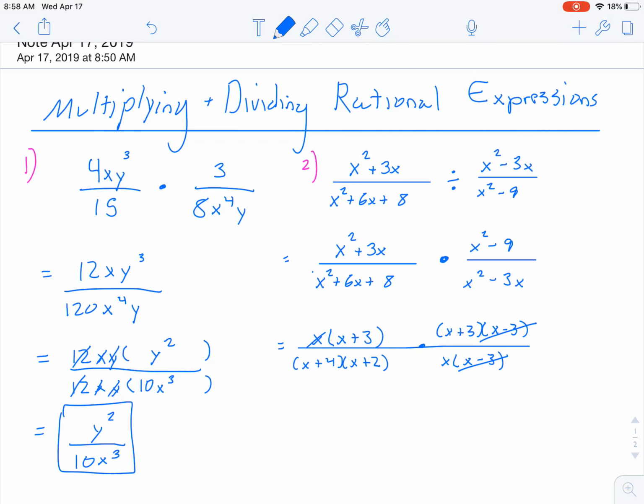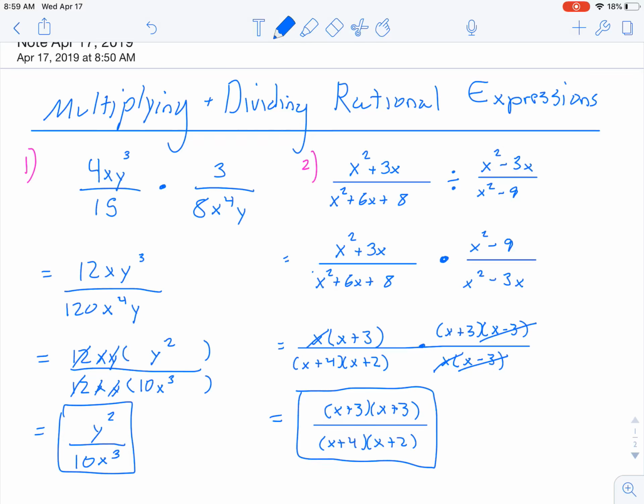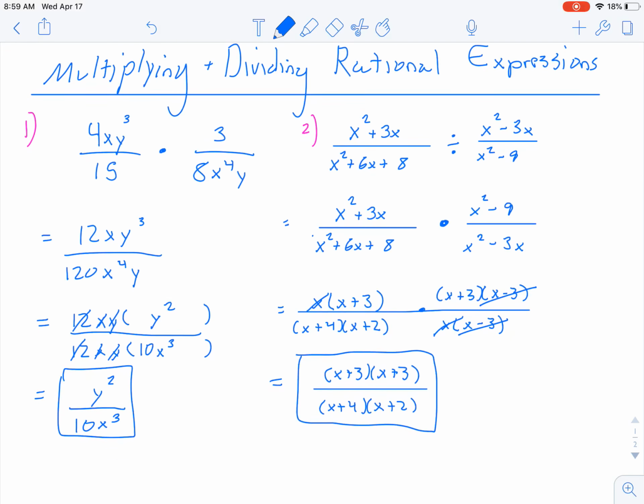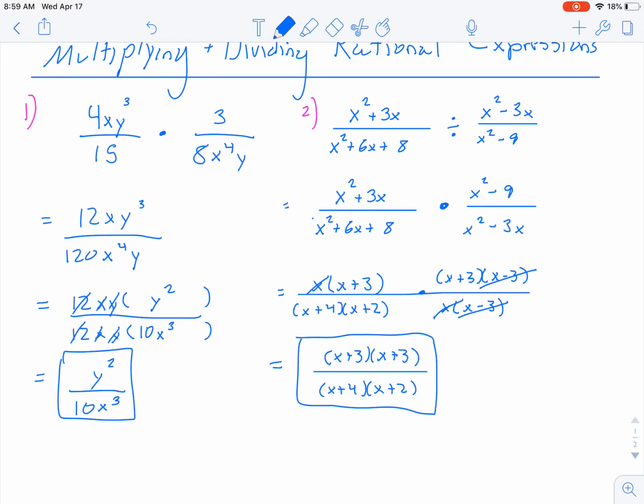We have a factor of x here and a factor of x in the denominator, so those cancel. That's all that cancels, so the final answer is x plus 3 times x plus 3 over x plus 4 times x plus 2. And you could just leave it like that. There's no need to multiply these back out.